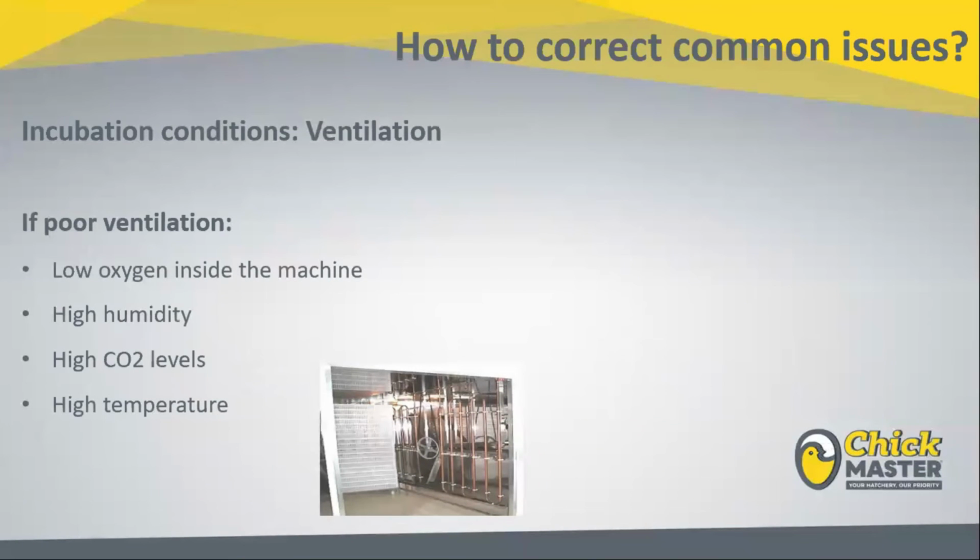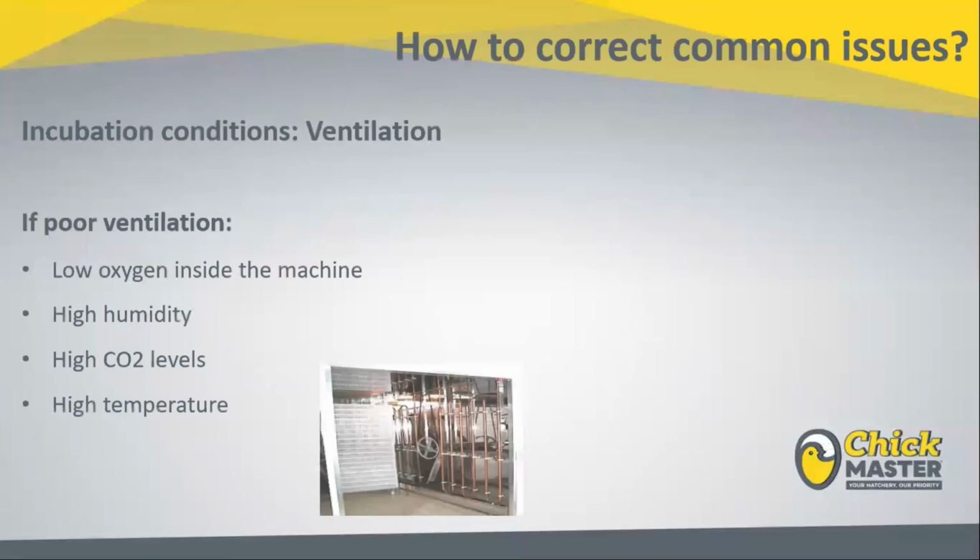Concerning the ventilation, the role of the ventilation is to remove the excess of CO2, of humidity, and of heat, and to give the machines the necessary level of oxygen.